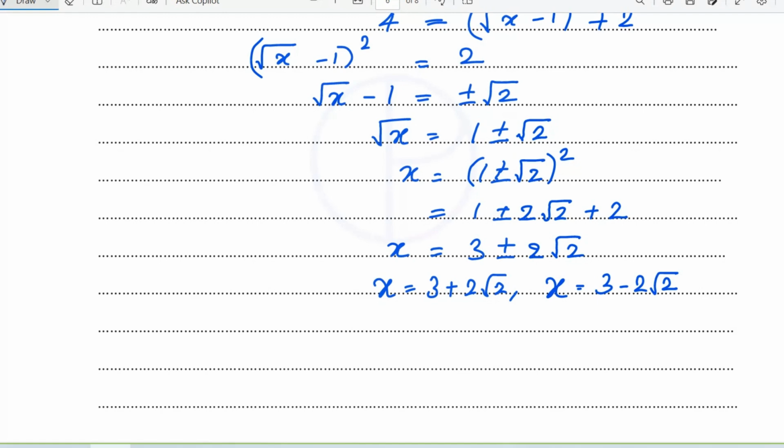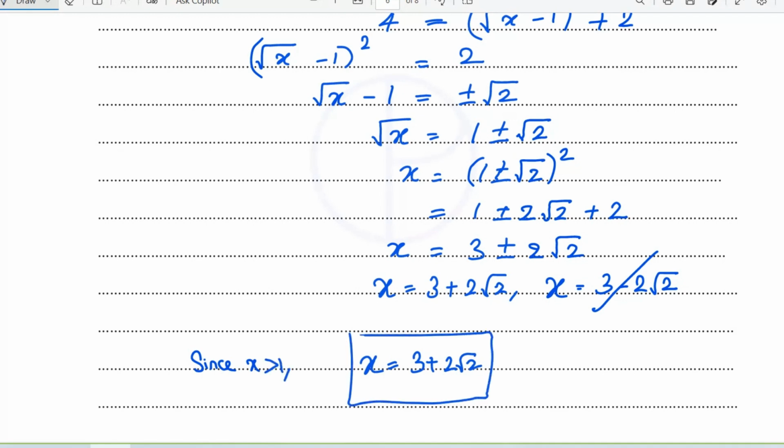The first value 3 plus 2 square root of 2 is greater than 1. The next value 3 minus 2 square root of 2 is not greater than 1. So we'll ignore this value. We will take the value of x as 3 plus 2 square root of 2, since x is greater than 1.